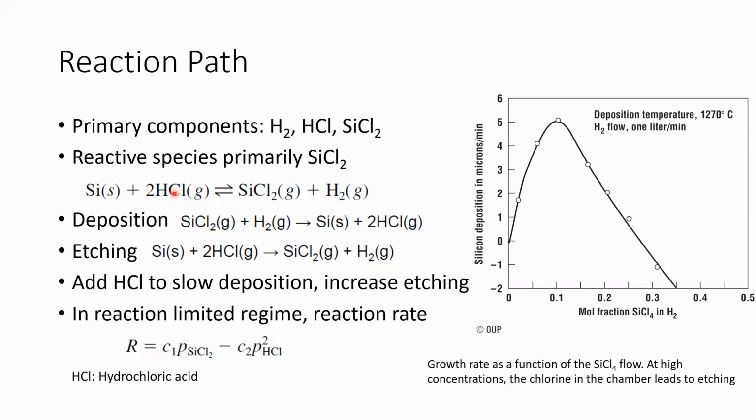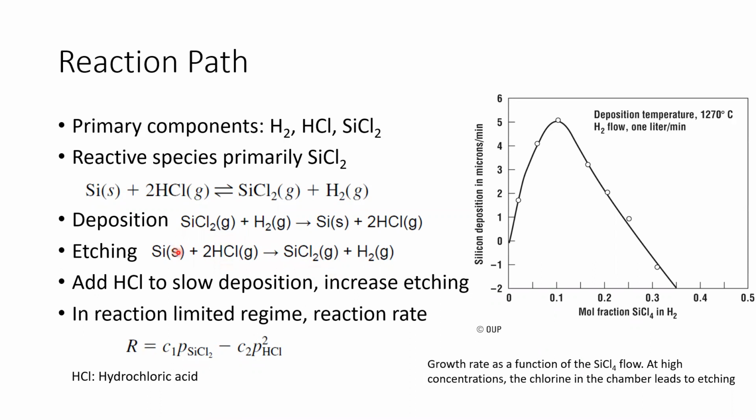So the reaction is in dual directions. Silicon dichloride reacts with hydrogen and generates silicon, and this is the deposition process. On the other hand, silicon can also react with the hydrochloric acid and generate hydrogen and silicon dichloride.